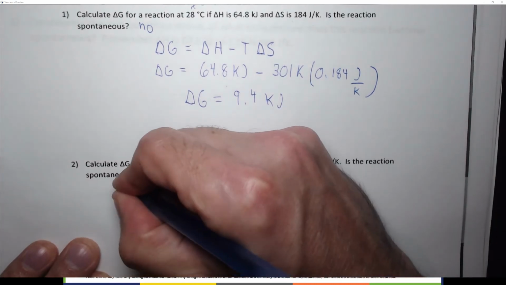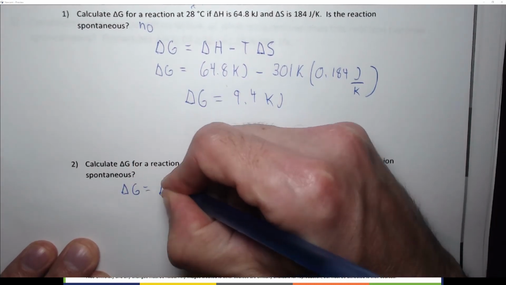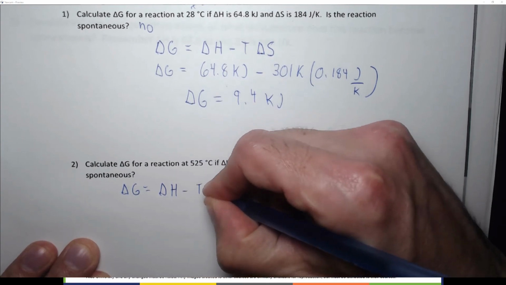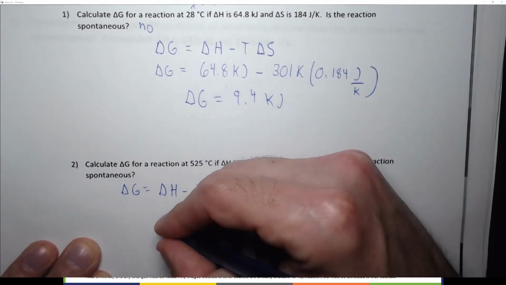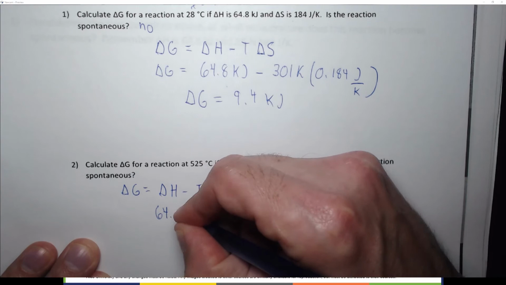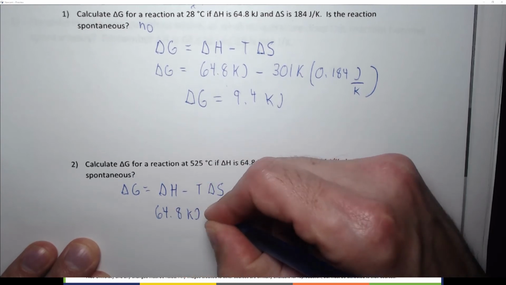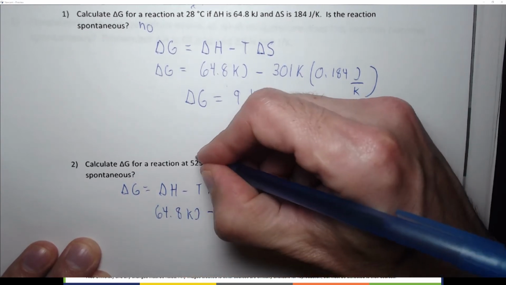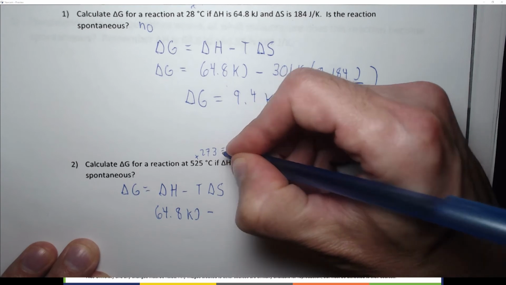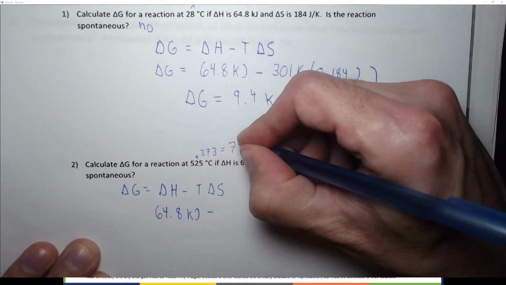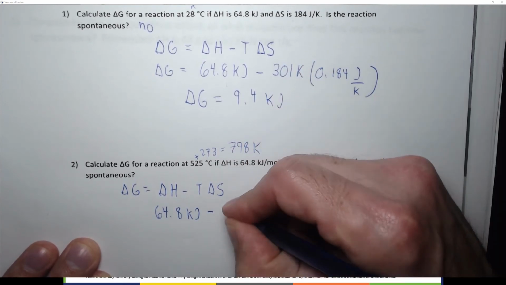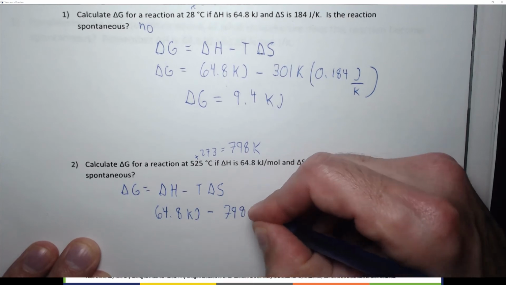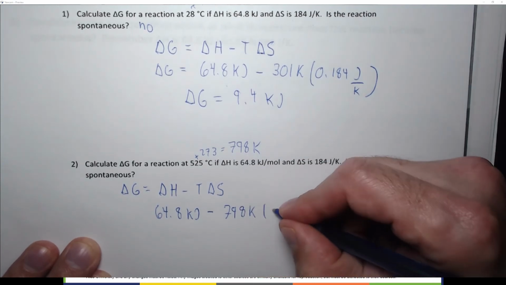So it's the same equation, delta G equals delta H minus T delta S, and delta H is still 64.8 kilojoules, minus, now the new temperature is, we have to add 273 to this one, and that comes up to 798 K.